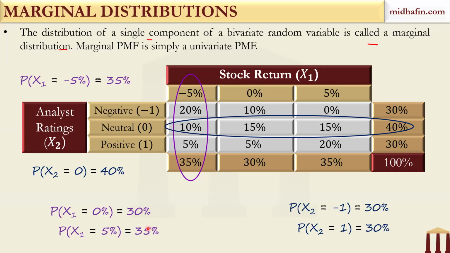So when you add the probabilities of all the possible outcomes for the stock return, you have to get 100%, and this is true on all sides. That is why I said either of the sides, not both, because you cannot add these three plus these three to get 100. This is separate, and this will also be 100 without any doubt, because if there are only three possibilities for analyst ratings, adding all three gives one, 100%.